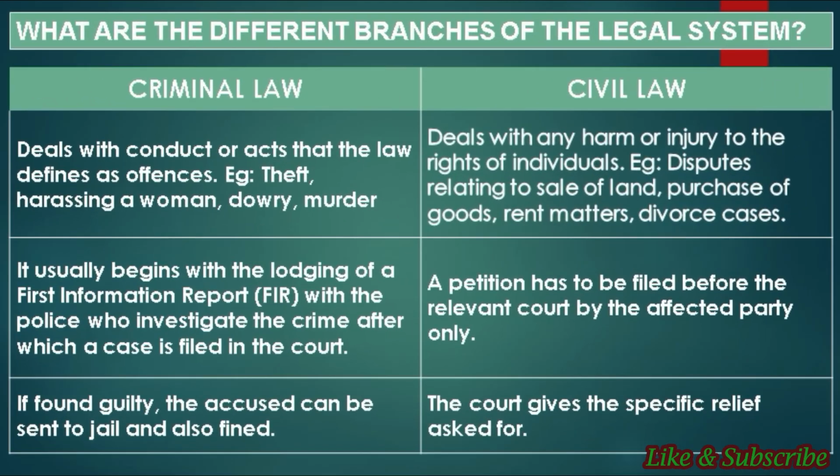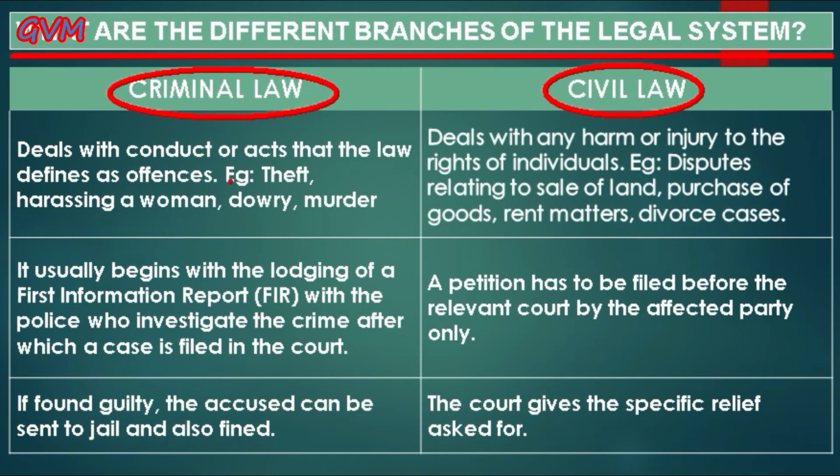Now students, the next important thing that you must know is what the different branches of the legal system are. Students, this table here will help you to understand the significant differences between criminal and civil law. Students, criminal law is the body of law that relates to crime.